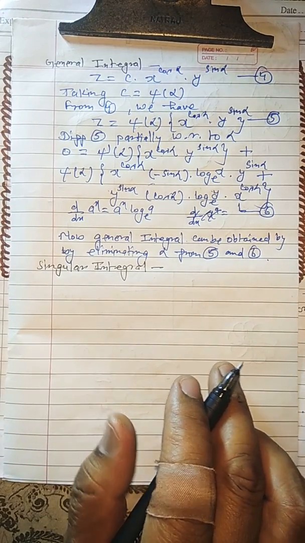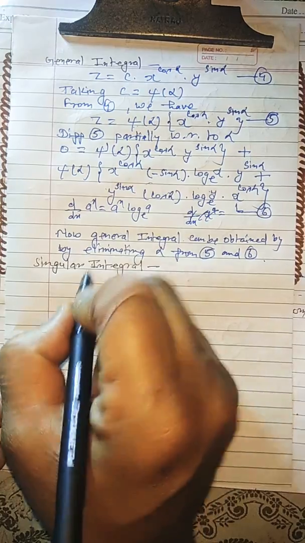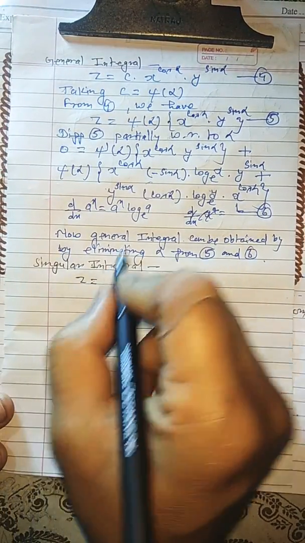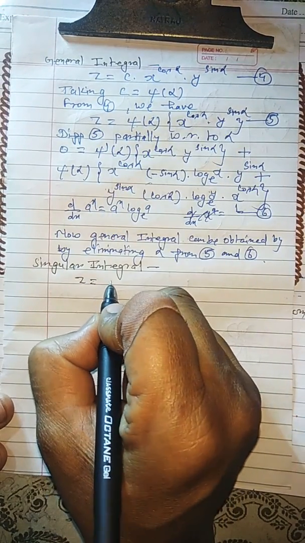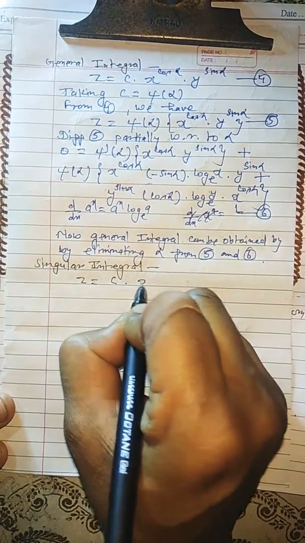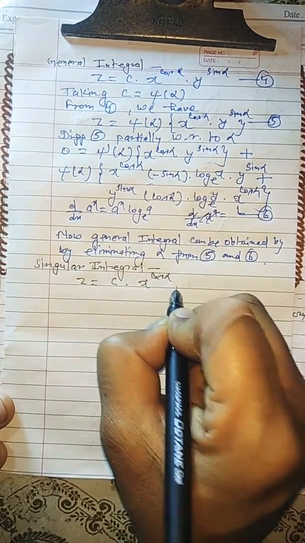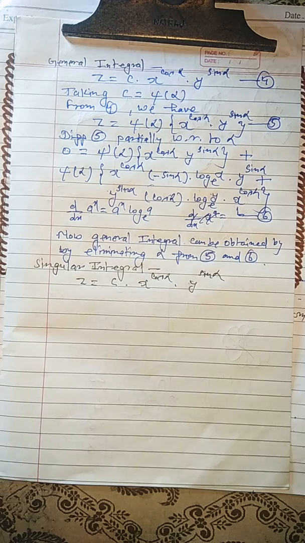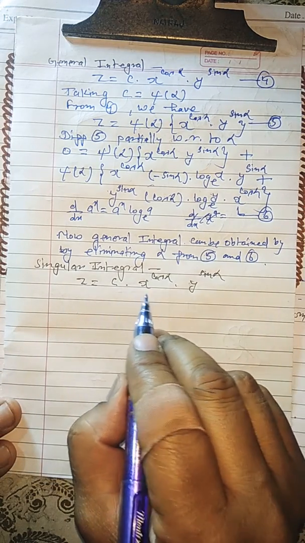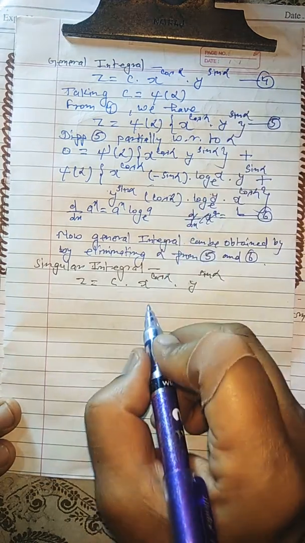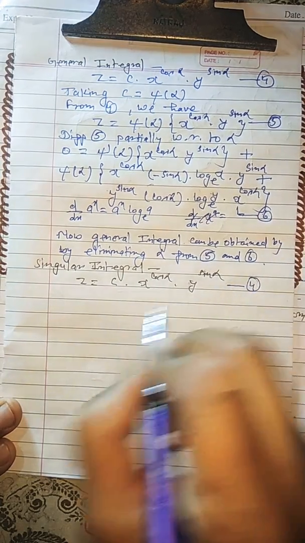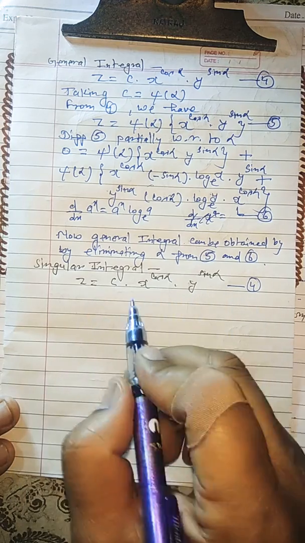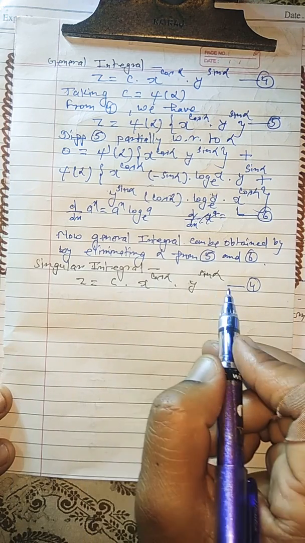Here we have this equation z equal to c x to the power cos alpha into y to the power sin alpha. Here from equation 4 we have two arbitrary constants, alpha and c.